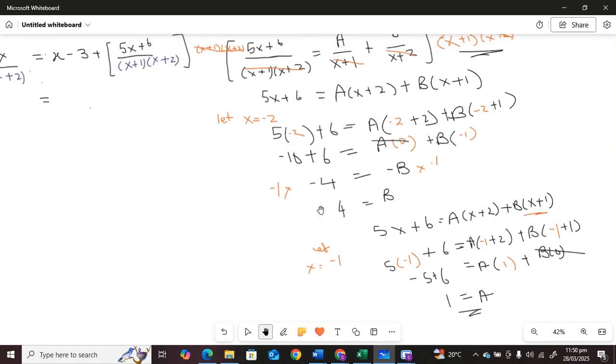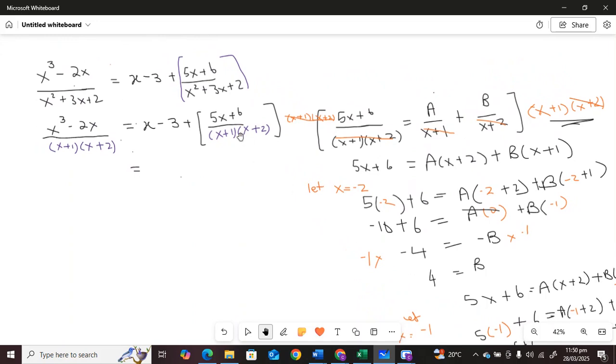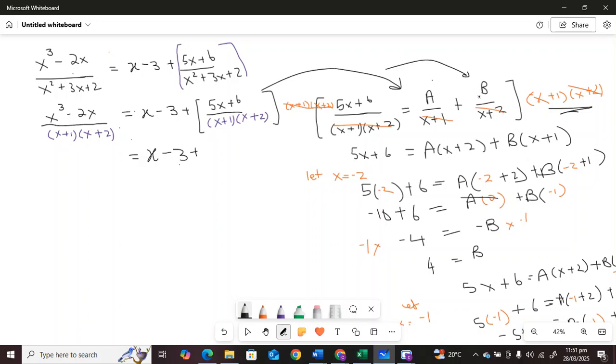So we write our proper expression here now. x minus 3 plus, okay, so this 5x plus 6 breaks down into a over x plus 1, b over x plus 2.